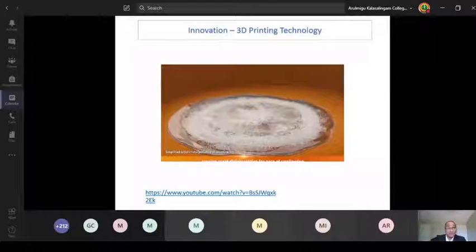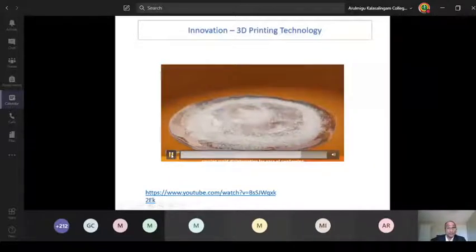They will disperse within seconds only. You see that. So now it is getting produced by 3D printing technology of the tablets. That's what FDA is looking for, you see.